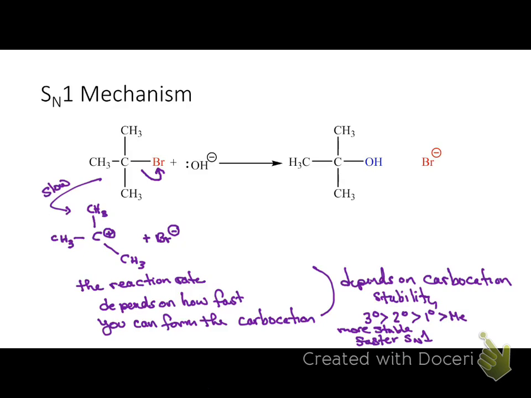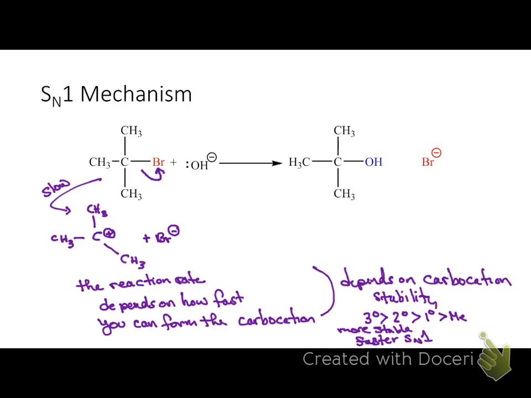Tertiary is the most stable, and so it gives us the faster SN1 reaction rate. That's kind of interesting because tertiary alkyl halides were also the slowest SN2 reaction rate. So you know that if you have a tertiary alkyl halide, it will only go by SN1. So that's the only way it forms a product.